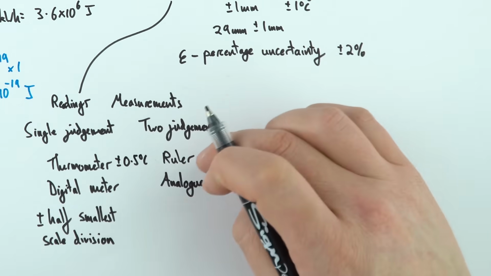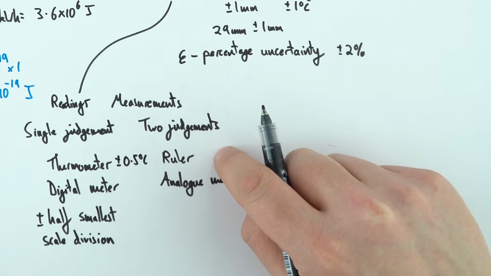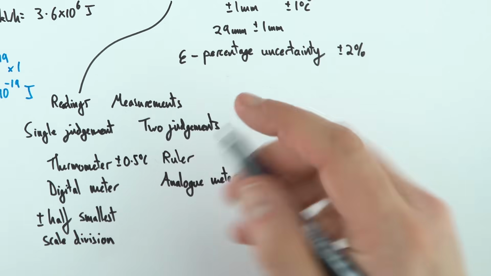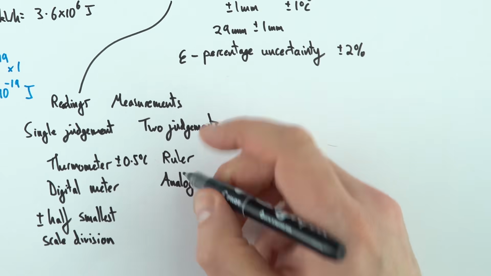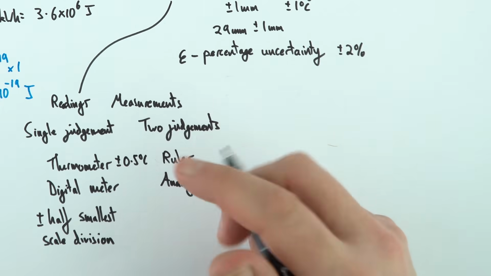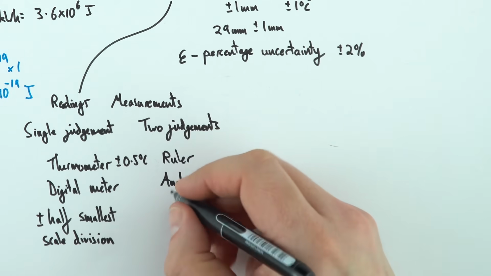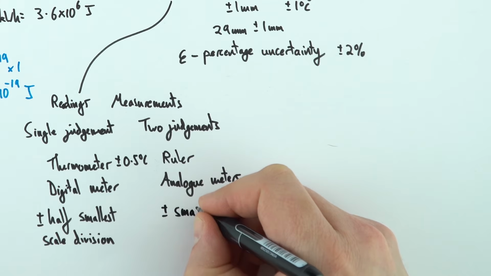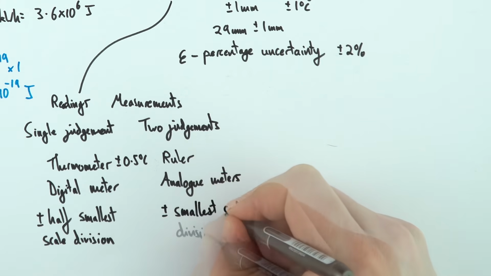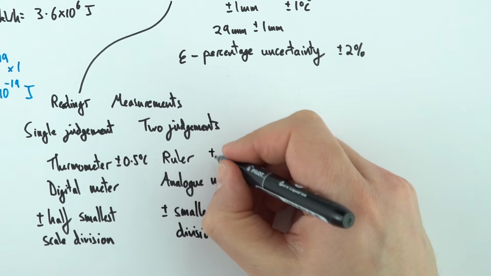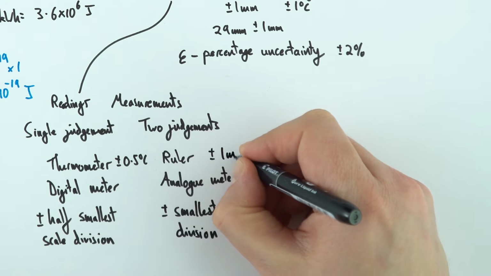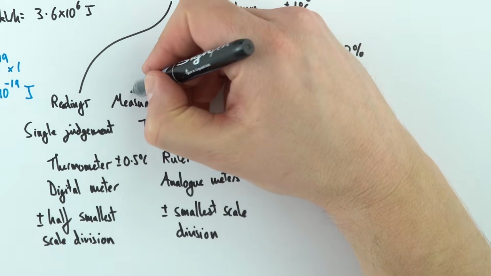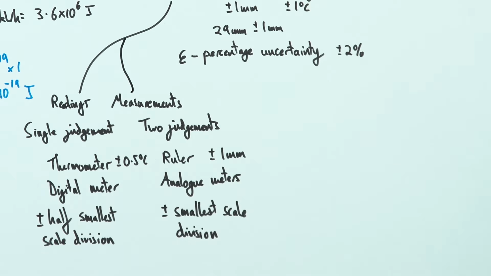If, however, you're using a ruler, effectively, we can judge the start point to half a millimetre and the end point to half a millimetre. And that means that when you've got two judgments, then the absolute uncertainty is going to be plus or minus the size of the smallest scale division. So with a ruler, this would be plus or minus 1 millimetre. So that's the difference between readings and measurements as far as AQA see it.